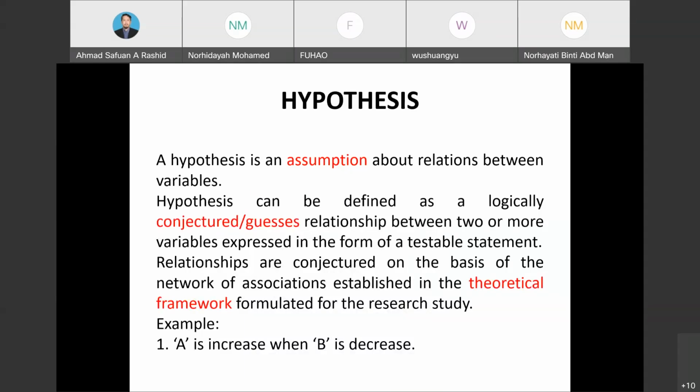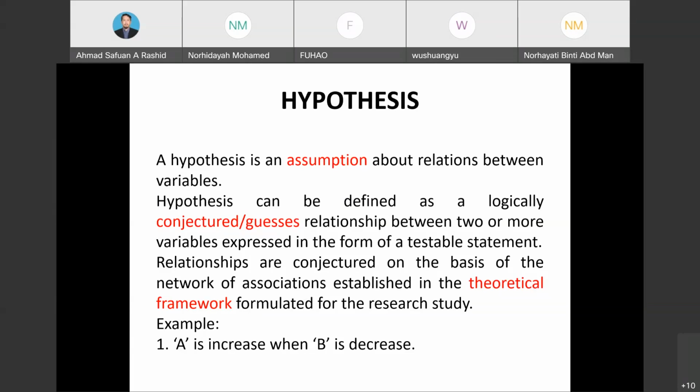Normally when we carry out testing, we may test under different types of parameters, which we call variables. So a hypothesis can be defined as a logically guessed relationship between two or more variables expressed in the form of a testable statement.